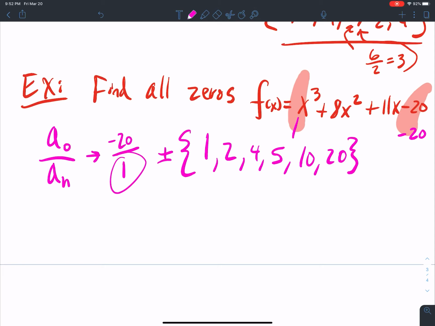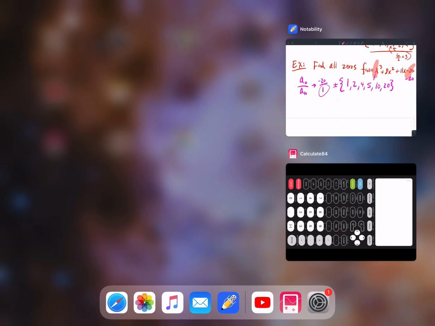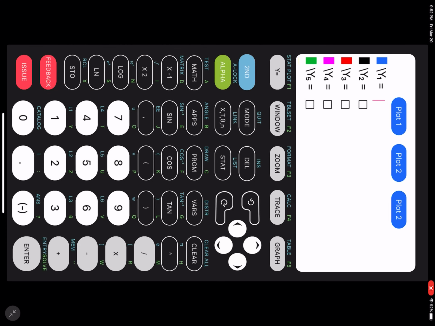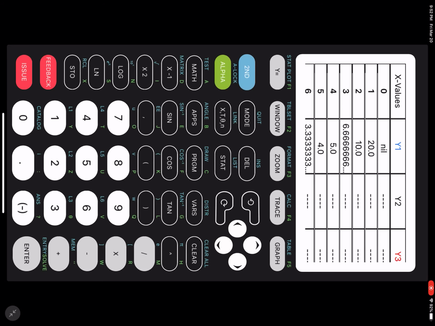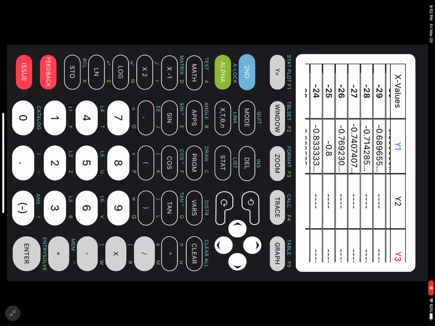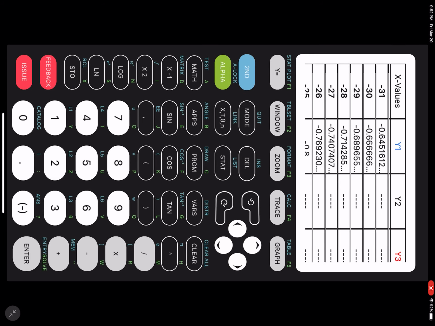If you're having trouble figuring out what factors of 20 there might be, little trick that might help you out. If you've got your calculator, 20 divided by variable x, and then you can look at the table, and you can see here, 1 times 20.